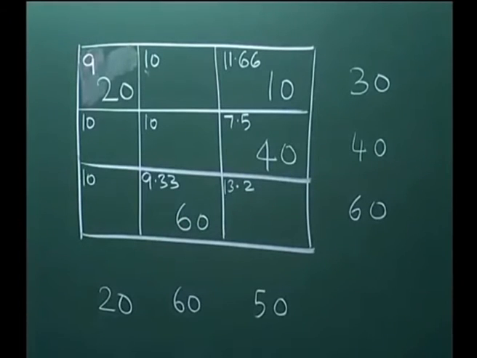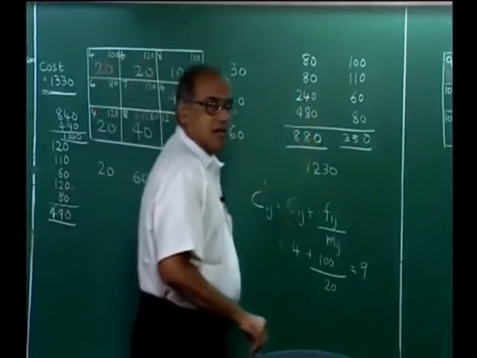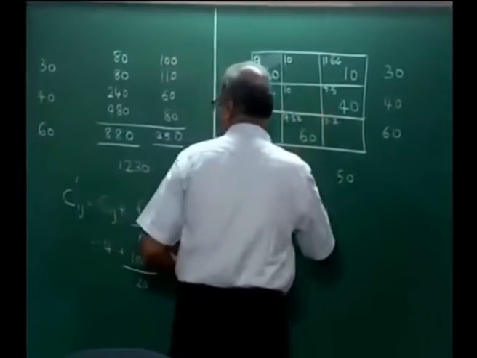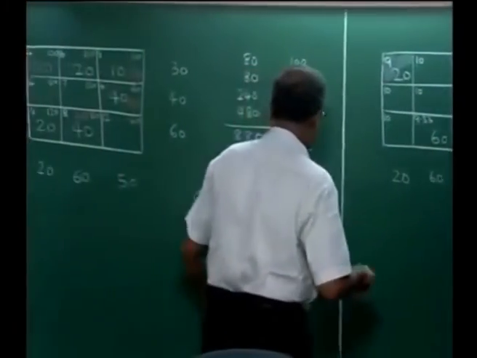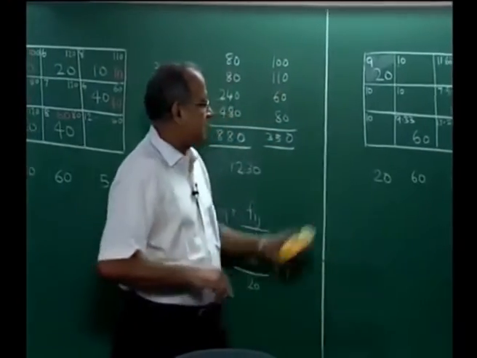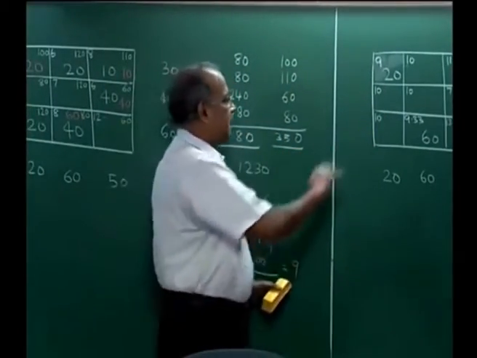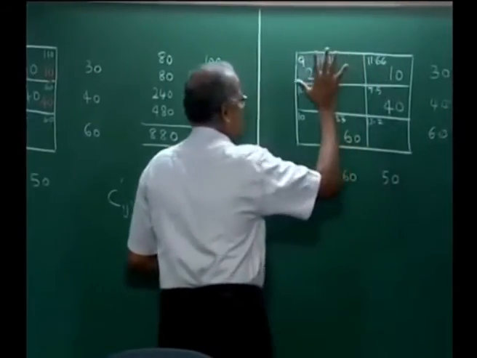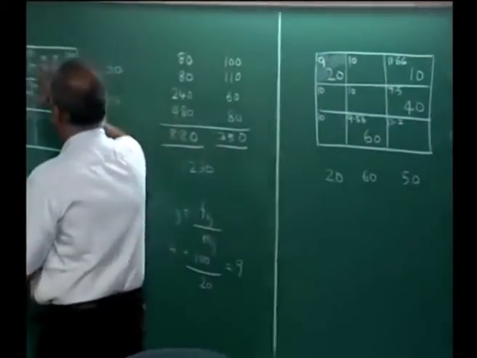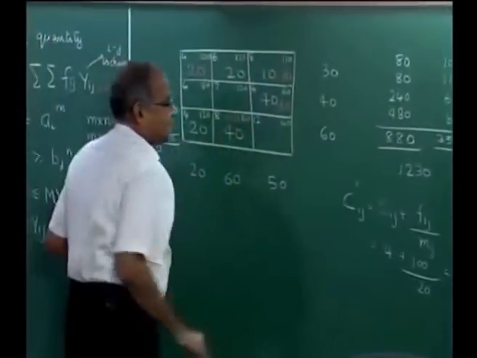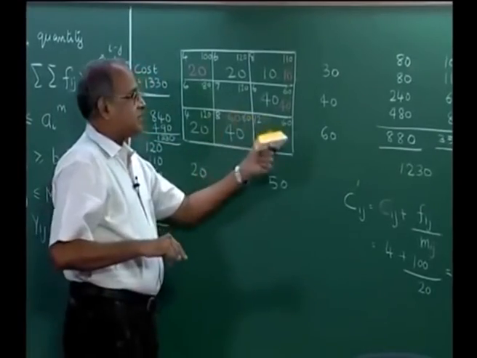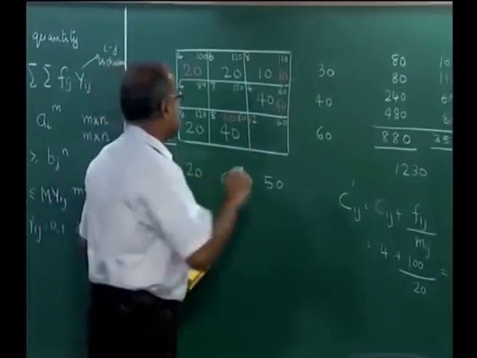So we will get a solution like this, and the cost associated with this will be different. It will not be 1230, it will be different. But once we get this optimum solution, we now have to go back and map this optimum solution here and then try to find out the fixed cost as well as the transportation cost.